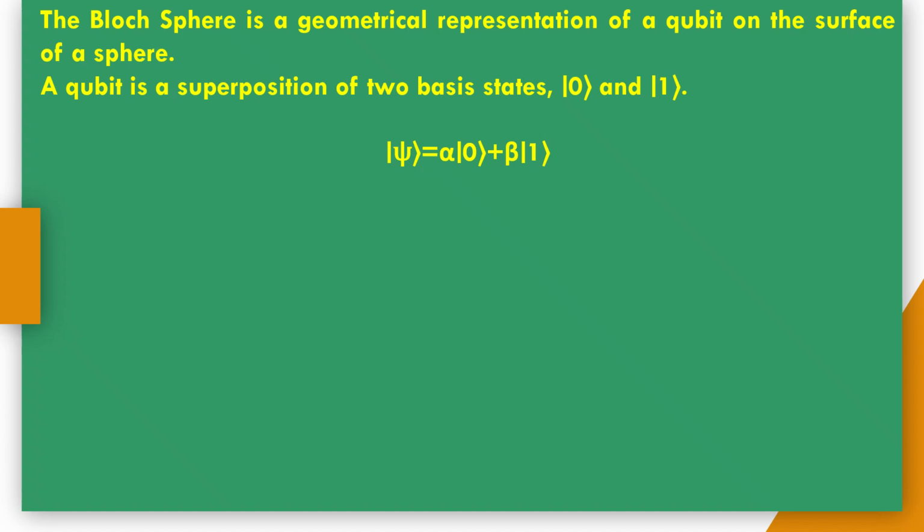Here, alpha and beta are complex quantities, and they follow the normalization condition: alpha squared plus beta squared equals 1.